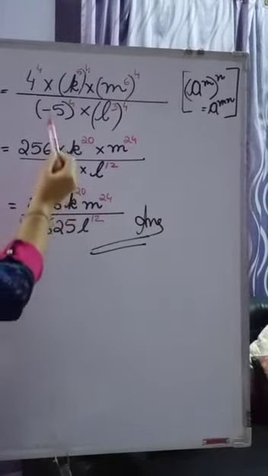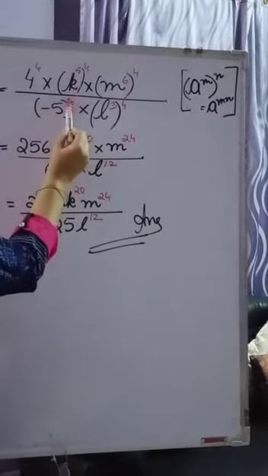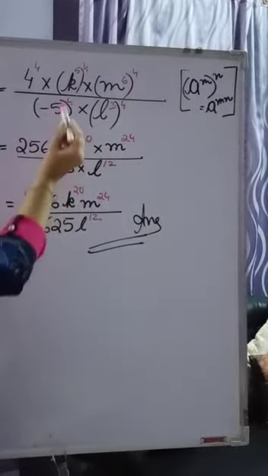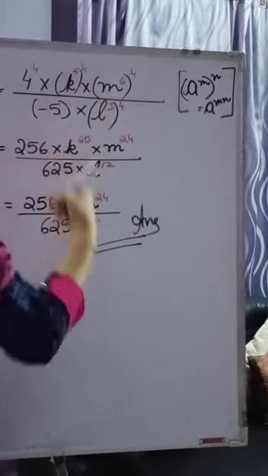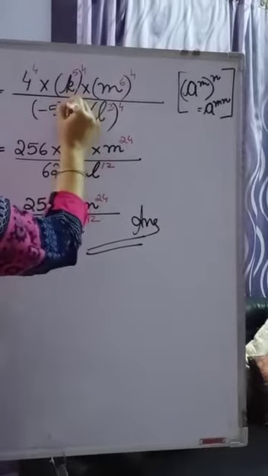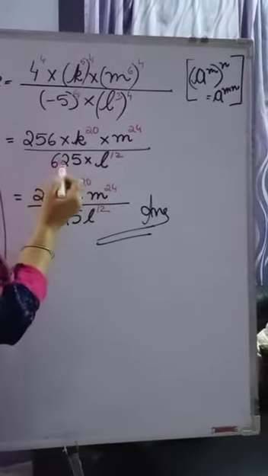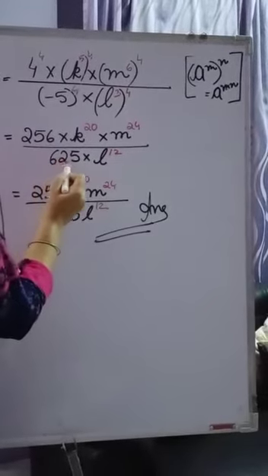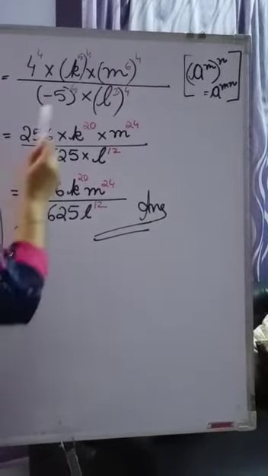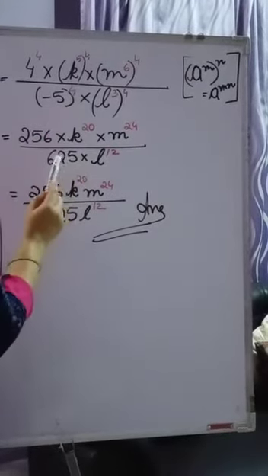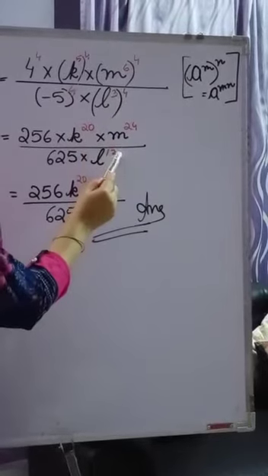Now here this minus sign will be removed. Why? Because the power is an even power. So it will become 625. It will not be minus 625 because the power is even. Into L to the power 3 into 4 is 12.